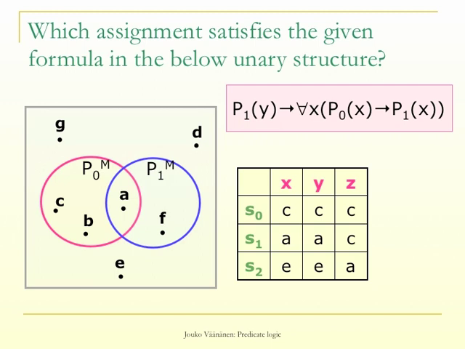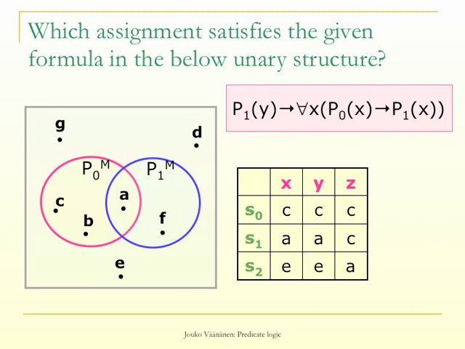Which assignments satisfy the formula p1 y implies for all x, (p0 x implies p1 x), in the below unary structure? Again, we have two unary predicates p0 and p1 and some elements which are in p0 or p1 or in both or in neither. And we have three assignments S0, S1 and S2.